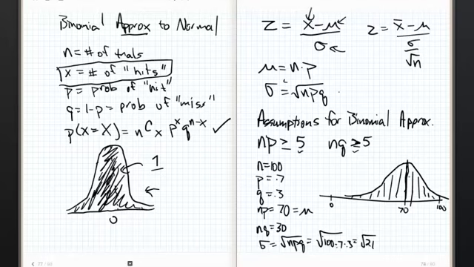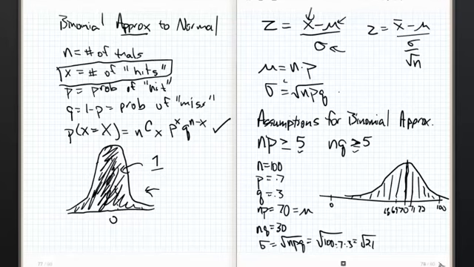A binomial probability distribution has discrete values. In other words, the number of cars that order a Big Mac can be 70, 69, 68, 71, 72, etc. It's not possible for 71.3 of the cars to order a Big Mac. They either do or they don't. And that becomes really important when we use this.